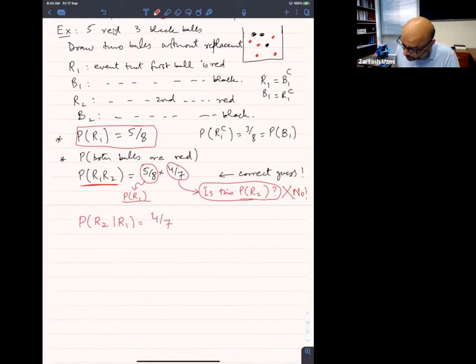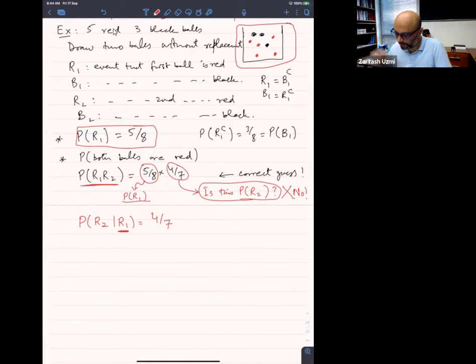And this is called conditional probability. The condition which is given to you is R1. What that means is it is given to you that R1 has occurred. If we tell you that R1 has occurred, then you go to this box and quietly take out a red ball, because it is guaranteed that the first ball is red.